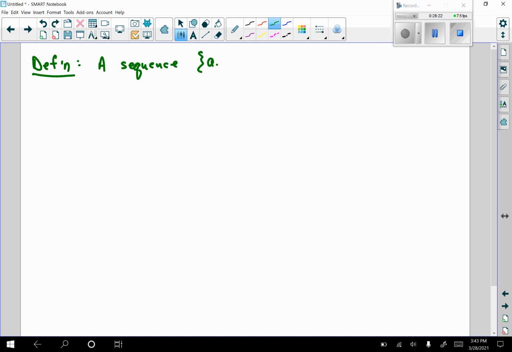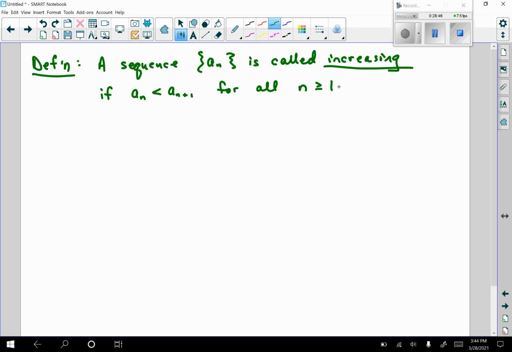So we say a sequence a sub n is called increasing if every previous term is smaller than the next one after it. So if a sub n is less than a sub n plus 1 for all n greater than or equal to 1. For example, a sub 1 is less than a sub 2 is less than a sub 3, and so on. It just means the terms in the sequence are getting larger.